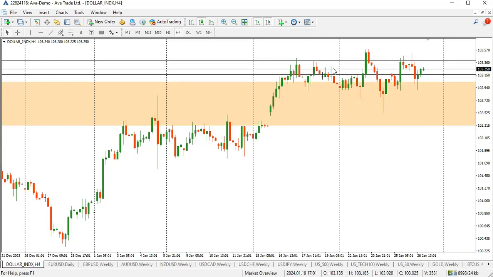Because January is like the Asian range, it's consolidation. That's where market makers accumulate price, accumulate orders for the real movements that we'll call from March.